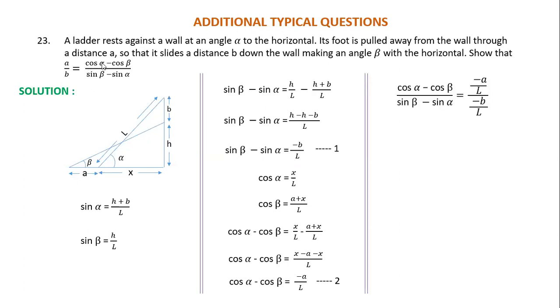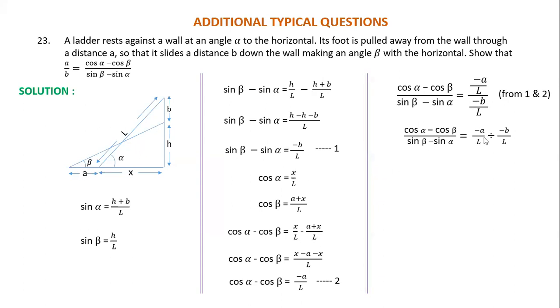Now we want this ratio, cos alpha minus cos beta upon sine beta minus sine alpha. So cos alpha minus cos beta upon sine beta minus sine alpha is equal to minus a upon L from the second equation, and minus b upon L from the first equation. So this is from 1 and 2.